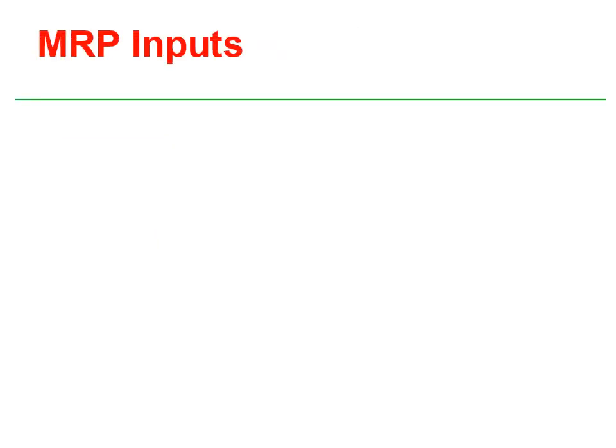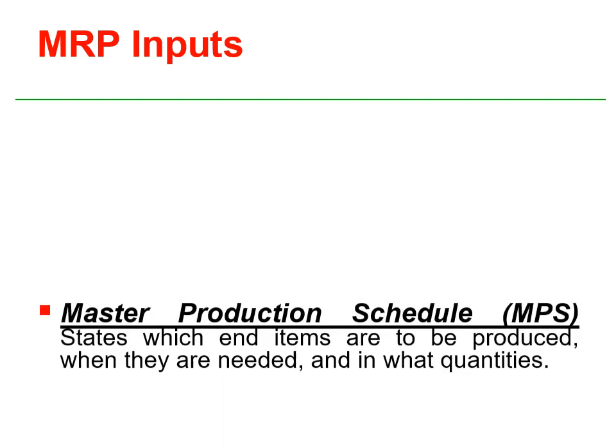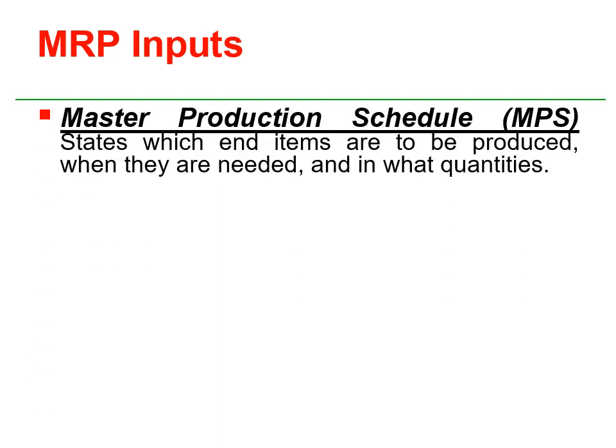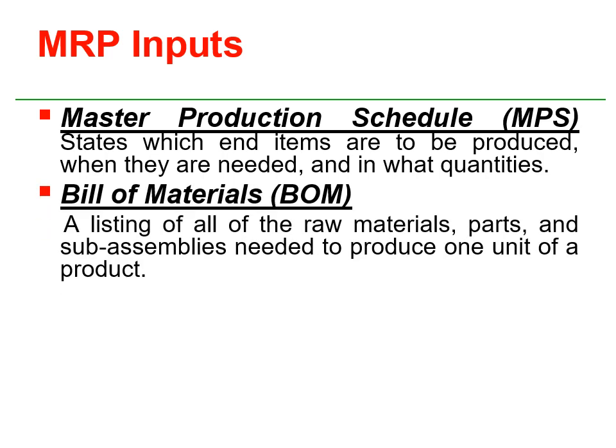First, the material requirement planning inputs. The master production schedule states which end items are to be produced, when they are needed, and in what quantities. Bill of materials, BOM, is a listing of all of the raw materials, parts, and sub-assemblies needed to produce one unit of the product.